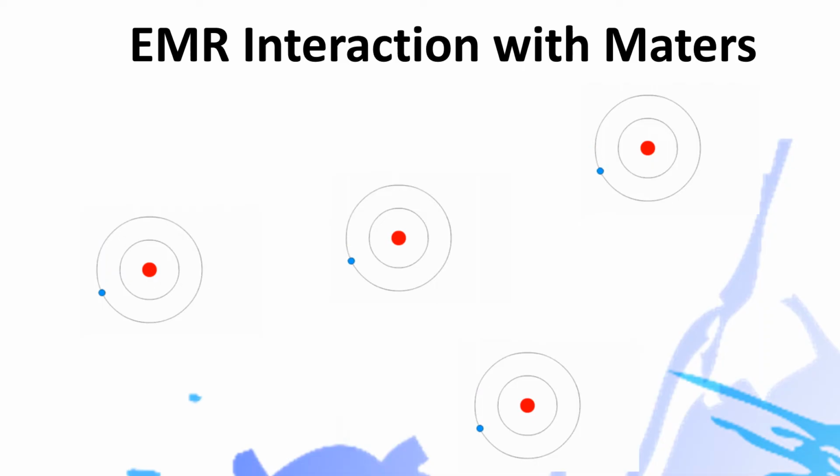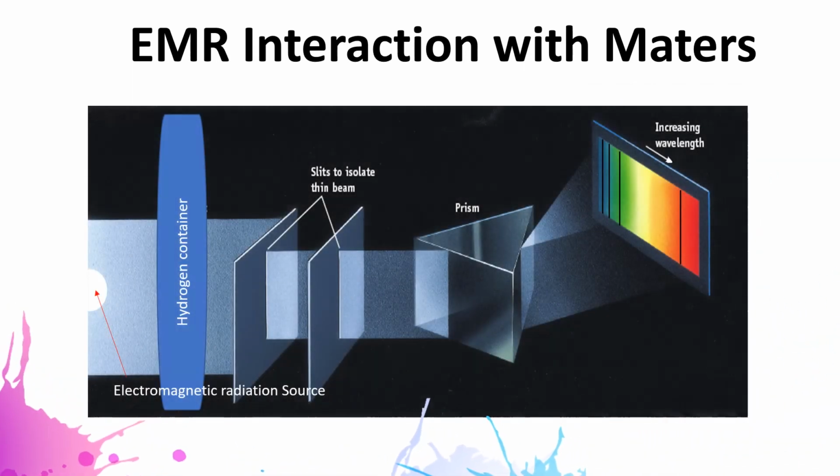Now let's take a sample which has a number of atoms. That means there are a number of electrons moving around the nuclei, and they can absorb or emit radiation. So let's take one sample which has that kind of atoms. For example, let's think about hydrogen atoms. There are a number of hydrogen atoms in one sample. Let's take this experimental setup.